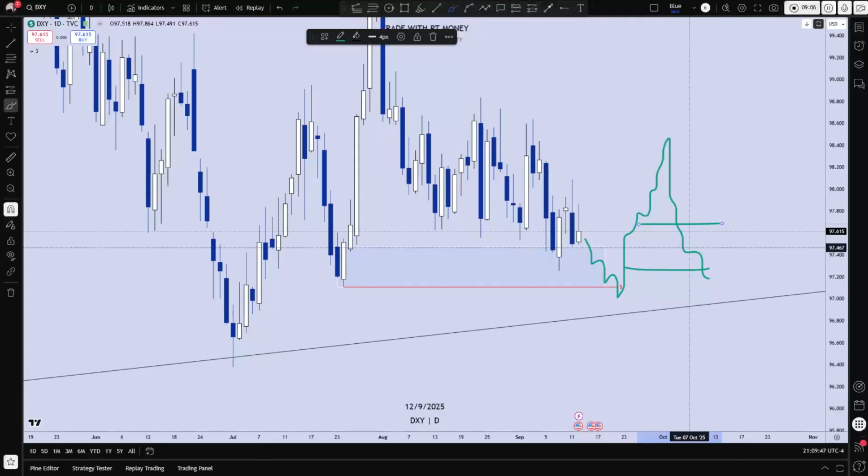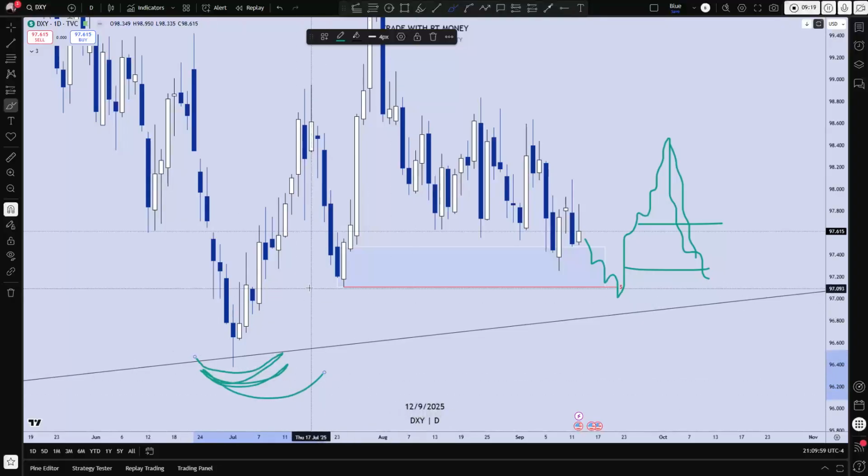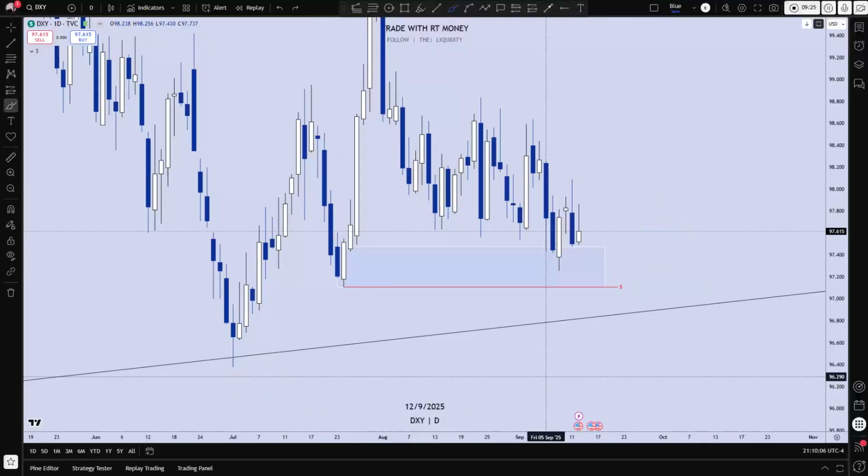Why? Because I believe those numbers have been baked in for a while. So I think we're going to see some movement, but I don't think we're going to take out this low. I think this low stays protected. I think this low is probably in danger. We'll see. We will see.